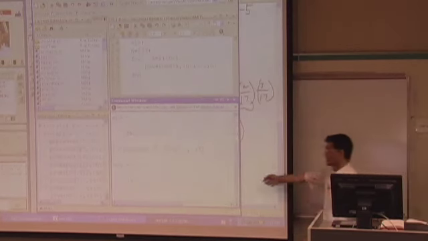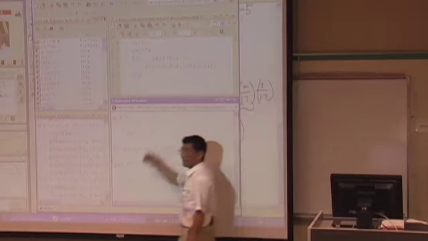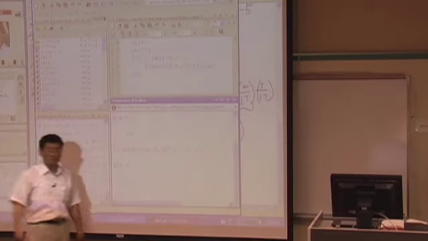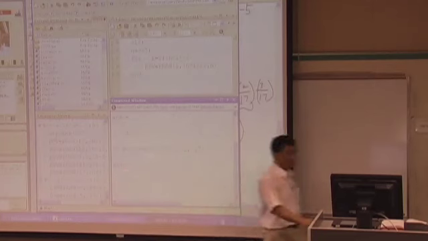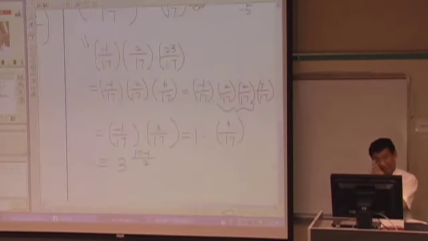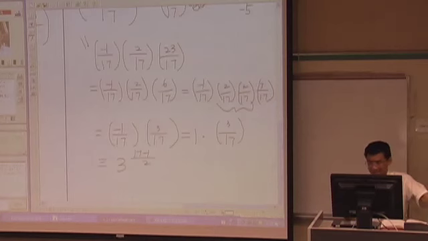So it's still a quadratic non-residue, right? 5 and 3 are both quadratic non-residues, and we get negative 1. It's not 1. So by this result, we can conclude that this is a quadratic non-residue. Not by hand calculation.